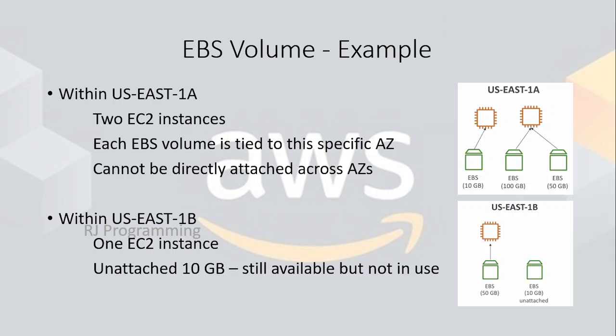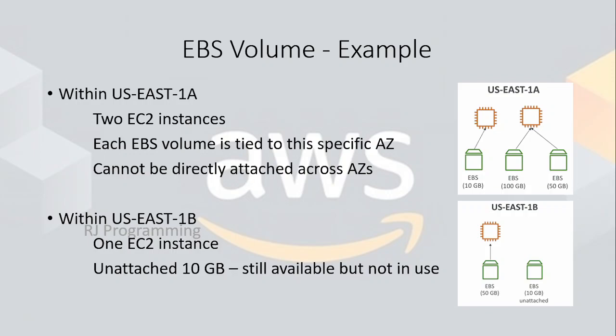The first instance has one 10 GB EBS volume attached, maybe for the OS or logs. The second instance has two EBS volumes, 100 GB and 50 GB, possibly one for the system and another for application data. Each EBS volume is tied to this specific availability zone, 1A. Even though EBS is network attached, it cannot be directly attached across availability zones.